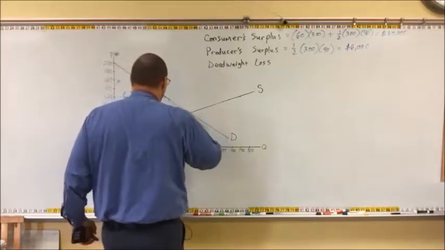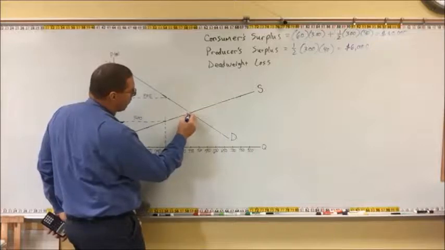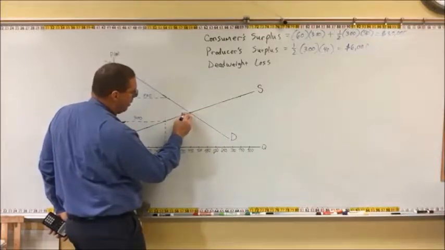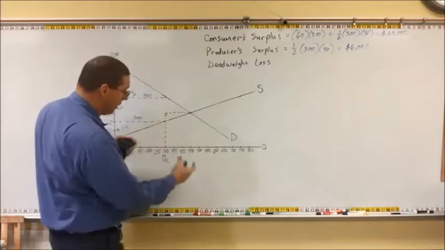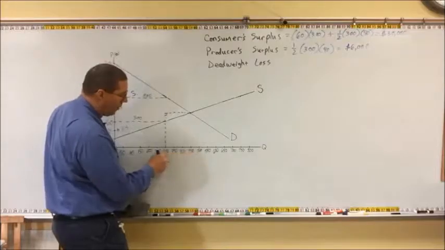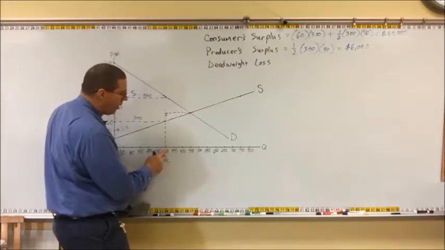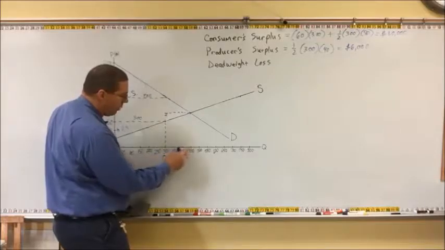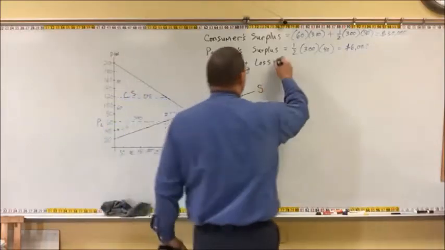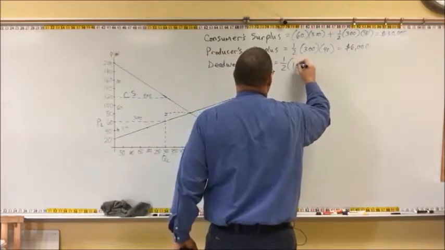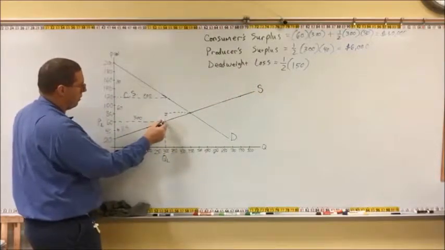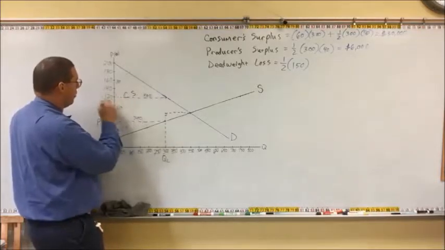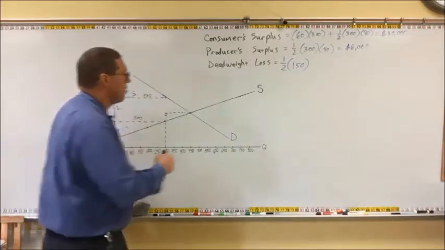But we're going to calculate the deadweight loss here. The distance from the equilibrium intersection over to the deadweight loss, the base of the triangle, is, again, the distance between equilibrium quantity and our quantity. So the quantity supplied is going to be 300, and the equilibrium quantity is 450. 450 minus 300, that's 150. So this deadweight loss is going to be 1/2 times 150. And then the height of this triangle, or the base of this triangle, I really should say, is going to go from 60 up to 120, and 120 minus 60, that's 60.